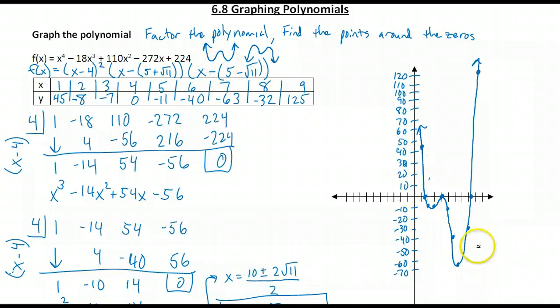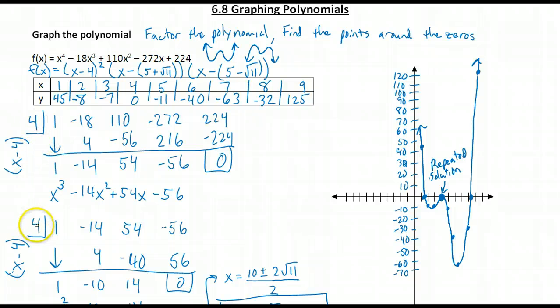Now a few things I want to point out about this graph. Here's a 0, here's a 0. This point right here, since the graph goes up and touches and then goes back down, is known as a repeated solution. The reason it's a repeated solution is I have x minus 4 twice.